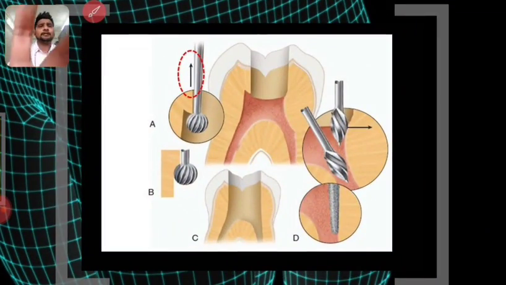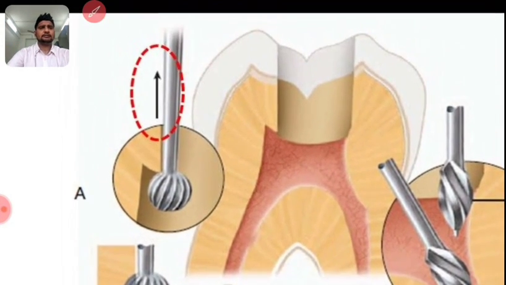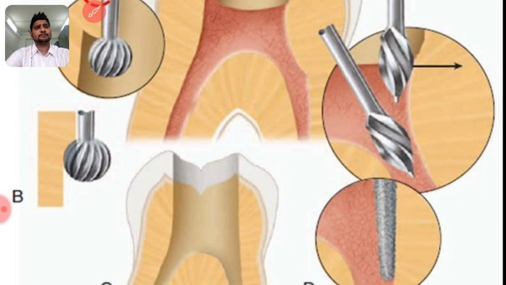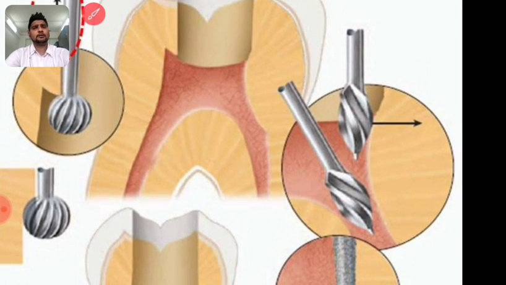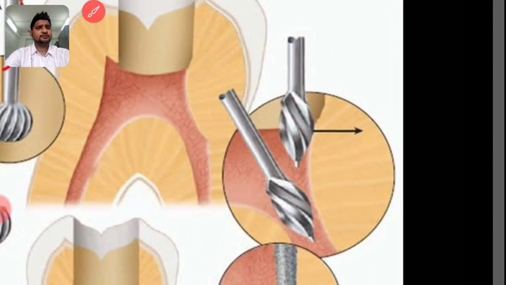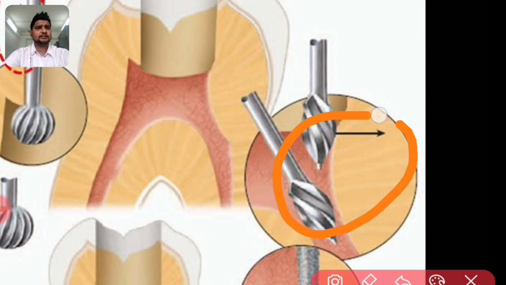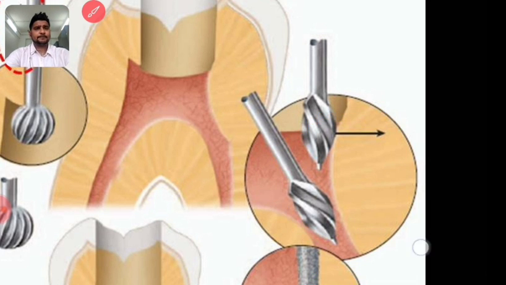So this is the whole summary of the process, deroofing, and you can use GG drills to remove this part of what you call the ledge of dentine here, this point, so that you get direct access, so your file is not deflected.